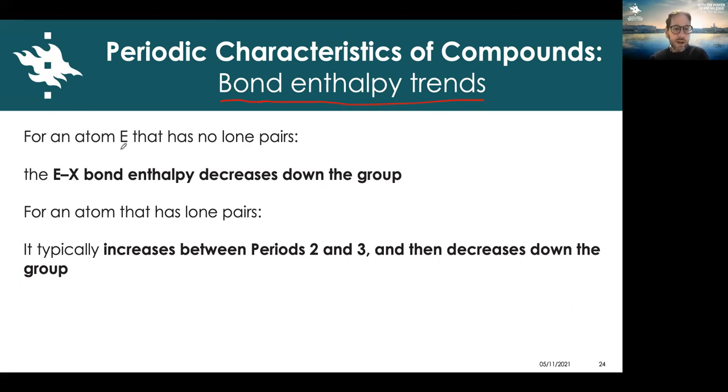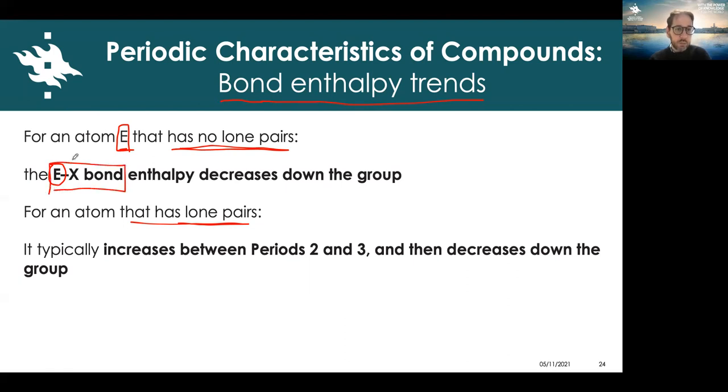So let's assume a generic element, or a generic atom called E, and then there are 2 scenarios: when this element does not have lone pairs and when the atom has lone pairs. So without any lone pairs in the atom that we are analyzing, when it forms a bond with another element, so an EX bond here.